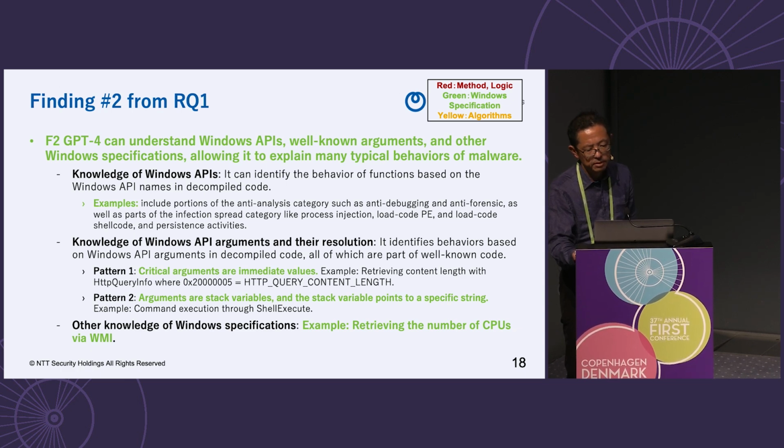In pattern 2, arguments come from stack variables that point to specific strings, like executing a command with ShellExecute. The last one includes other Windows-specific knowledge, such as detecting CPU count using WMI queries.